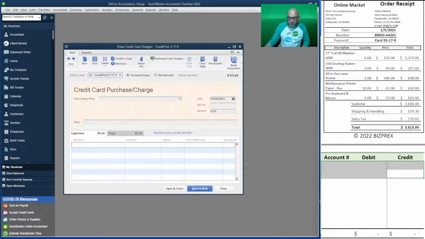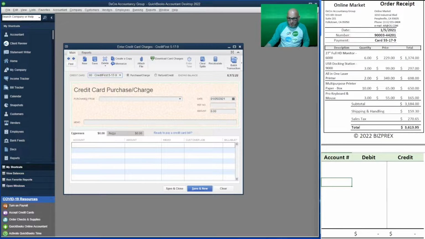Next one, we have purchases of a monitor, docking station, a laser printer, some paper, and a keyboard. Right, so we have a mix of things, right? Because, and again, what some people ask me, what's the rule of thumb? Well, the rule of thumb is that items that are going to last you more than 1 year, you should probably capitalize unless they're super cheap.